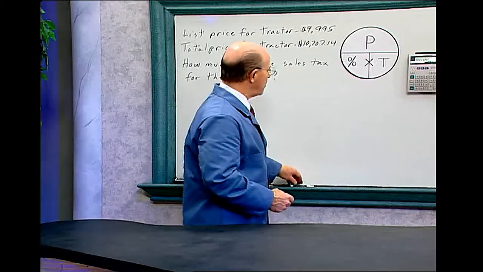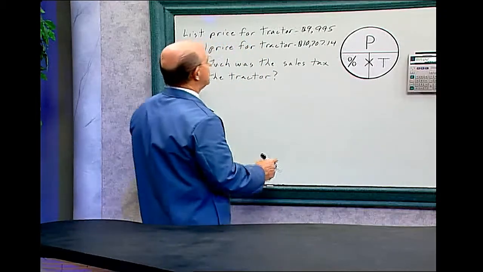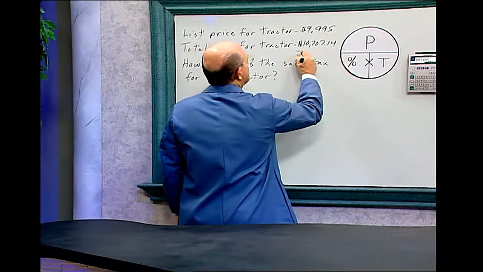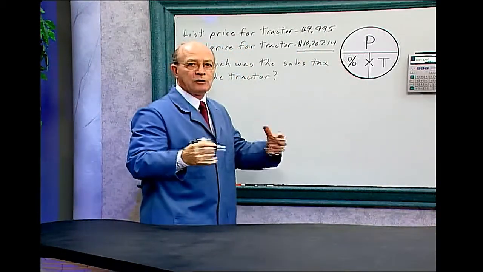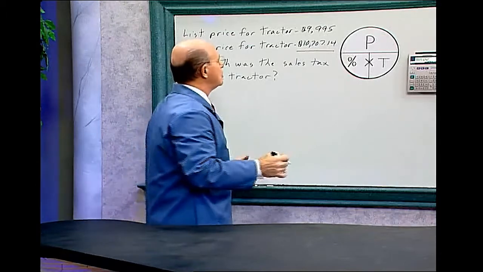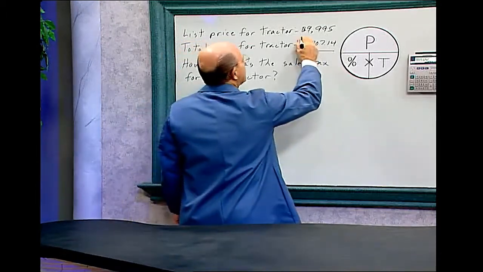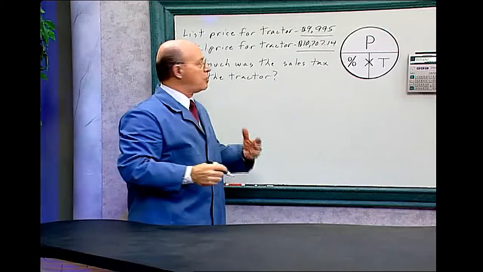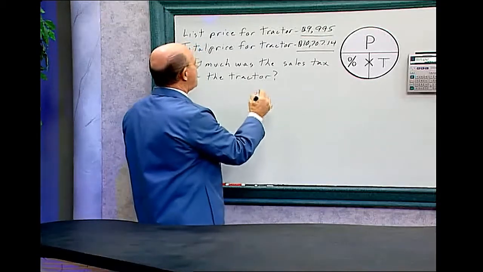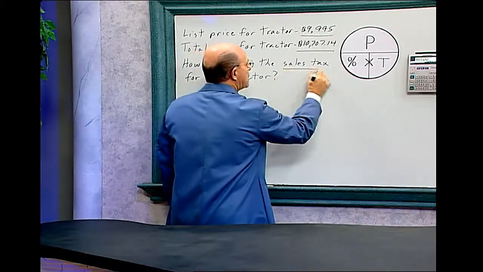Let's do the math. The person paid $10,707.14. That includes the sales tax. The price was $9,995. And we want to find out how much was the sales tax.